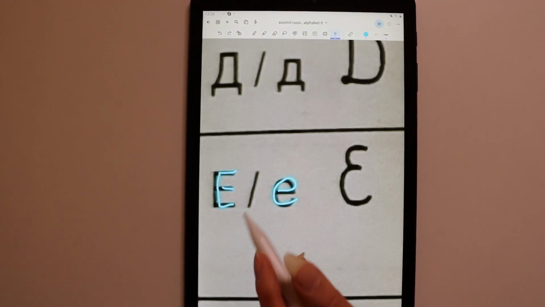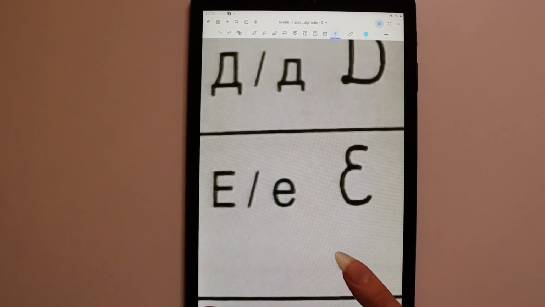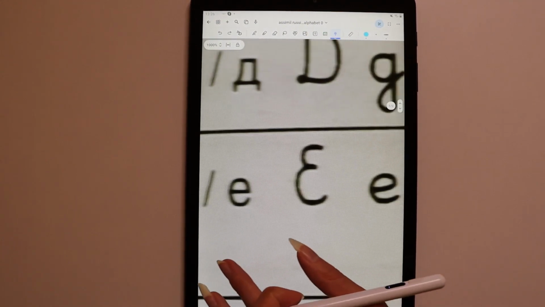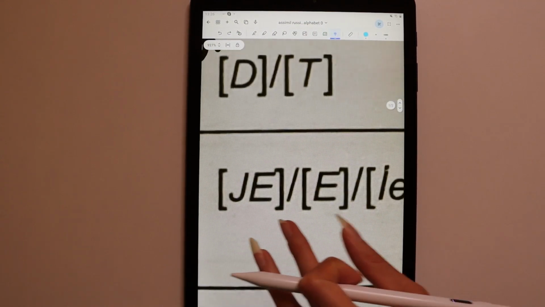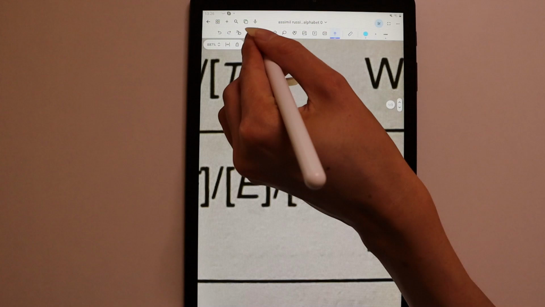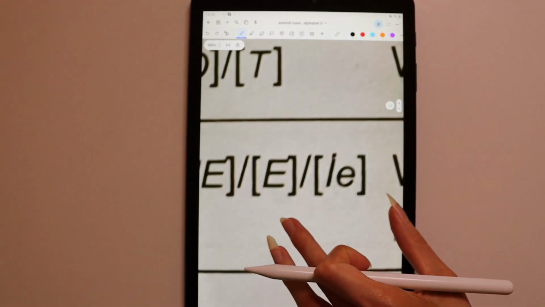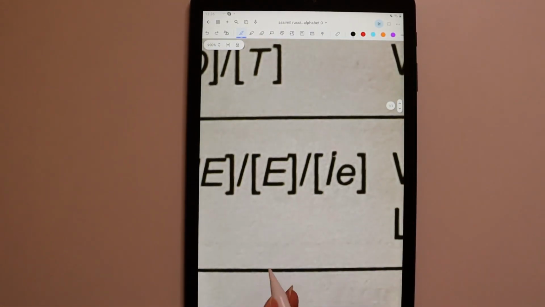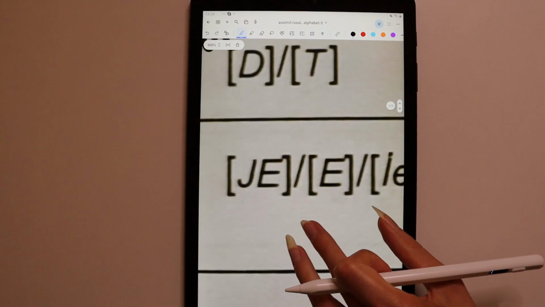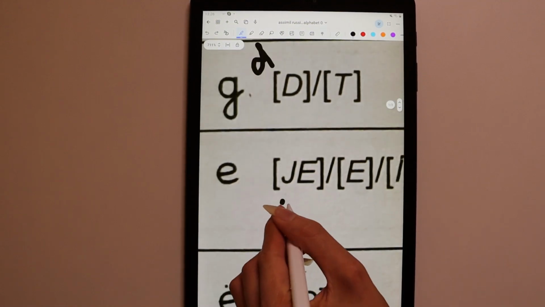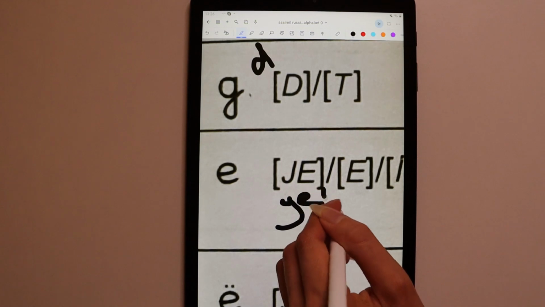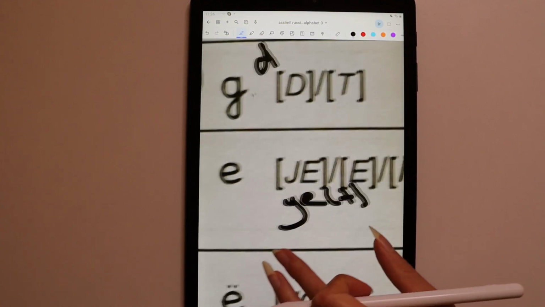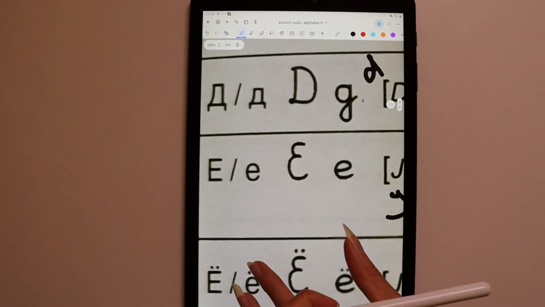and this is an E sound, it's an E, but it's pronounced like yeh, as in yet as an example. So I would really say you pronounce it like this, yeh, like in yet.